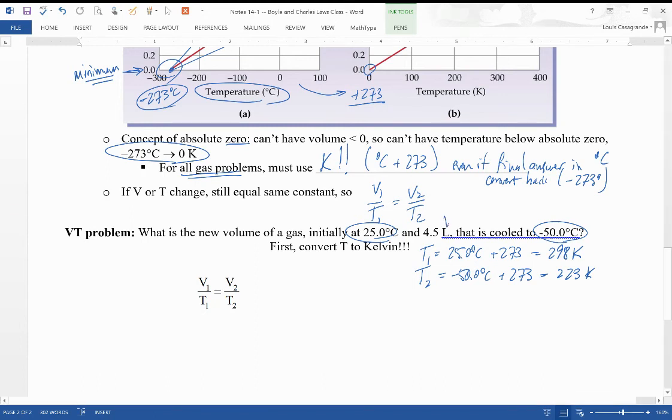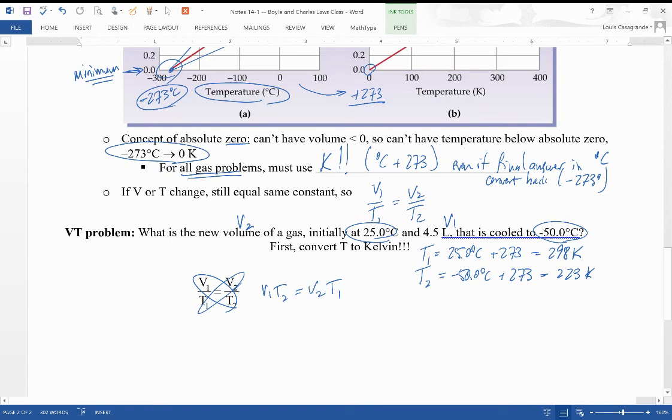Okay, so now we have our V1, our T1 and our T2, and we are trying to find V2. This is a little easier because it's in the numerator. If you have a T2 you're trying to find, you're going to have to be careful not to solve for the inverse. Let's cross multiply, and we get that V1 times T2 is equal to V2 times T1.